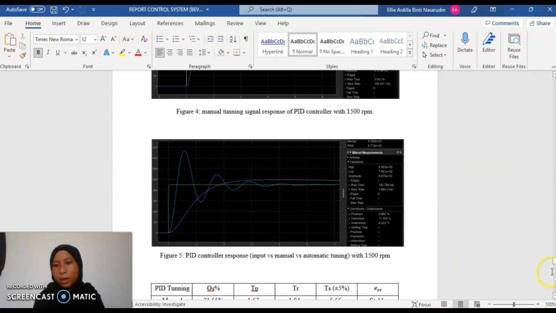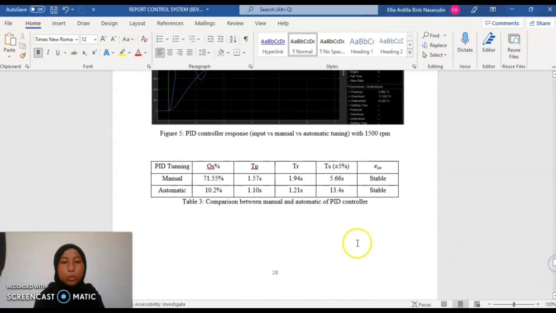Alright. So we need to fill up table 3, which is comparison between manual and automatic of PID controller. So here we have PID tuning for manual and automatic. Here we have overshoot, TP, TR, TS, and ESS. For the overshoot, we got for manual 71.55%, and for the automatic 10.2%.